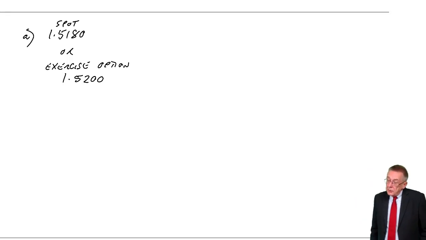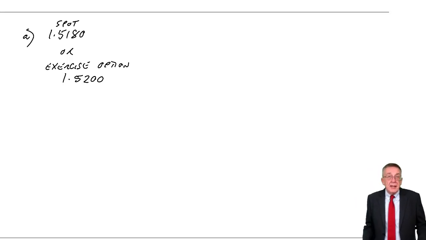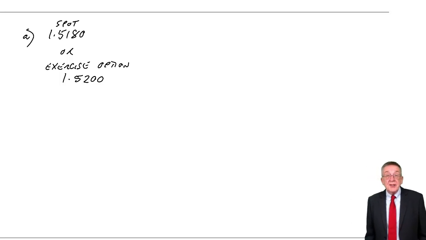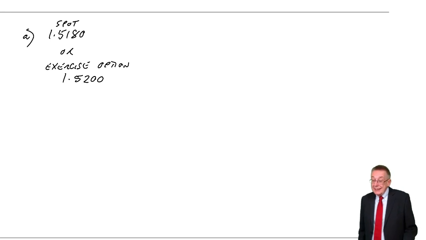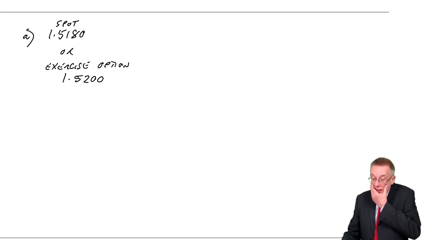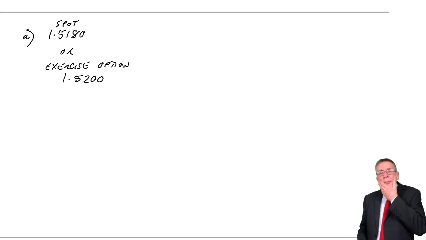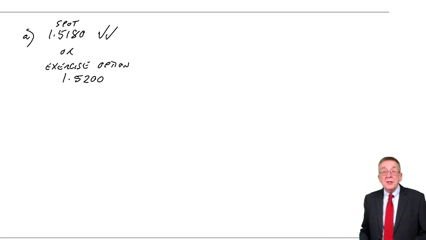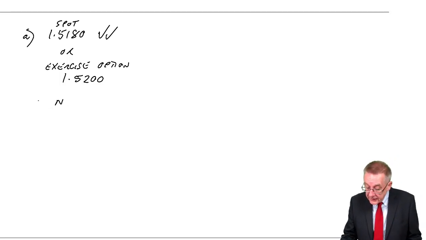And so what are we going to do? We do whichever gives us the most money. Remember, we're receiving money here, and so we want whichever gives us the biggest receipt. If I convert at spot, I'll divide by 1.5180. If I use the option, I'll convert at 1.52. I'll be better to use the spot rate. We will not exercise the option.